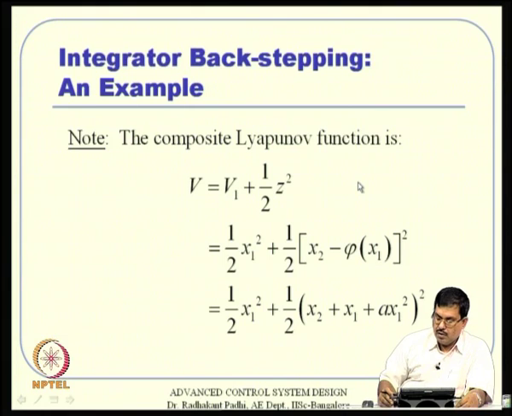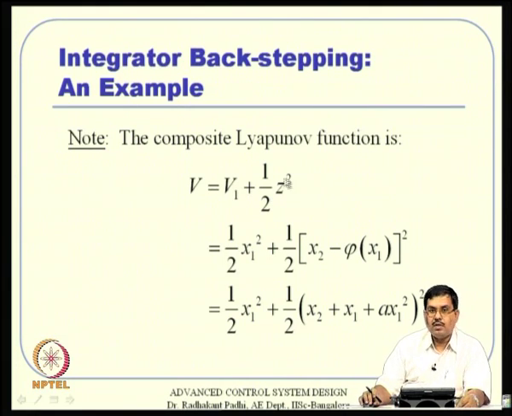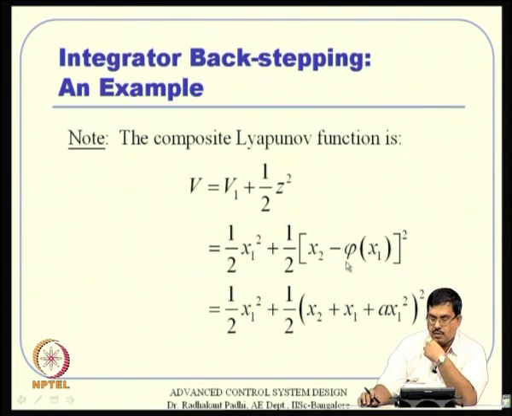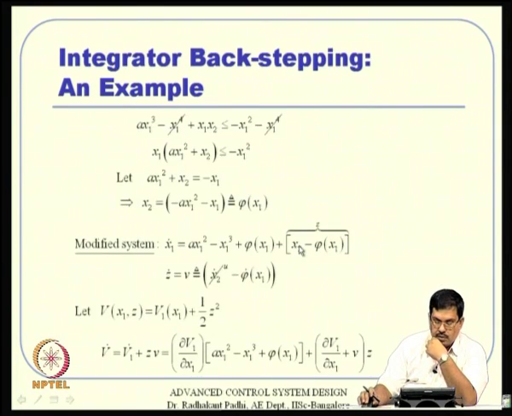So what is the associated Lyapunov function for this? The composite Lyapunov function turns out to be V1 plus half z square. V1 is obviously already there, and z is, by definition, u minus phi dot sort of thing, right? No, that is z dot, sorry.